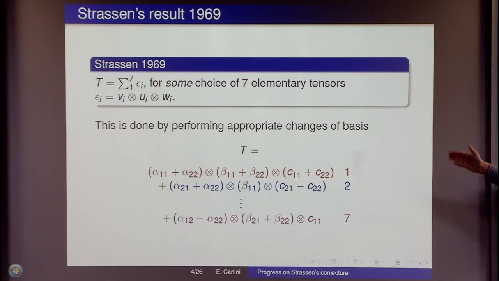What is really good about this expression is that in each of the 7 lines there is only 1 elementary tensor, so it's just involving 1 multiplication in some sense. And so you manage to write the same tensor we wrote before using 8, using 7 elementary tensors. This is what I understand Strassen's result to be.